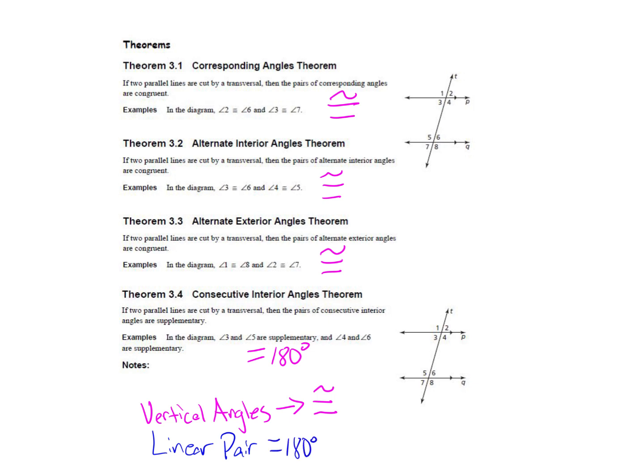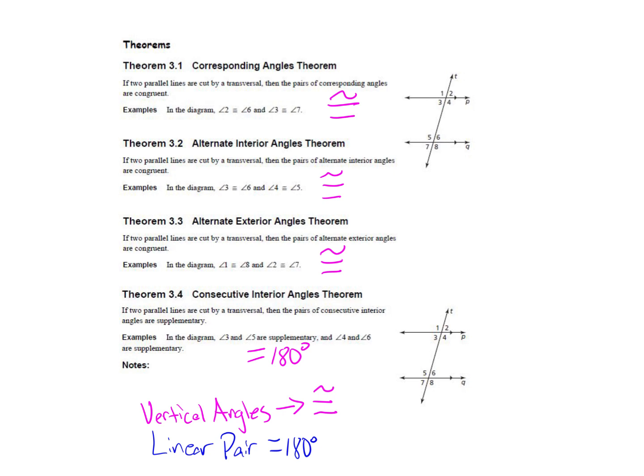Okay. So basically you got 6 angle pairs there. 4 of them are going to be congruent. And then 2 of them are going to add up to equal 180. All right. So it's pretty simple to remember those two things, as long as you remember which ones are which. So basically the way we do it is we'll look at 2 angles.